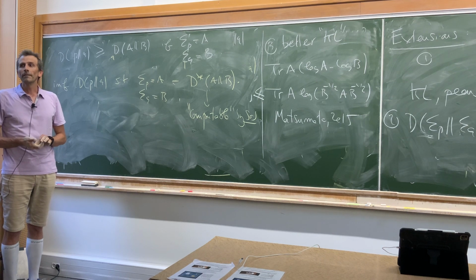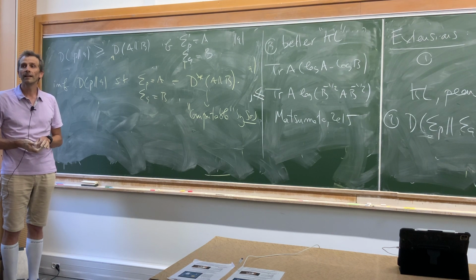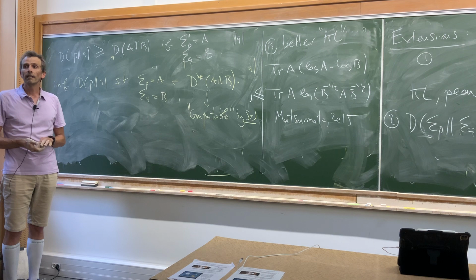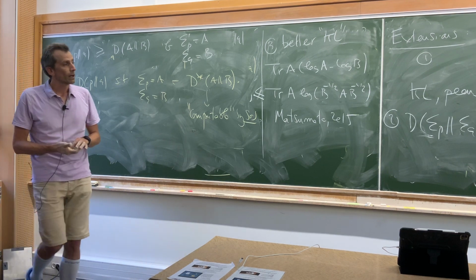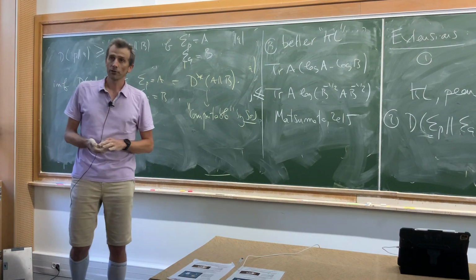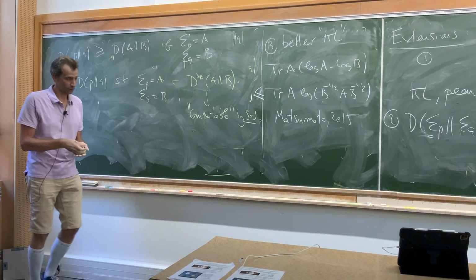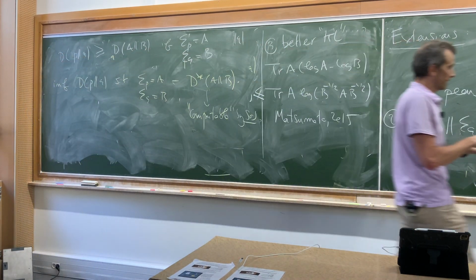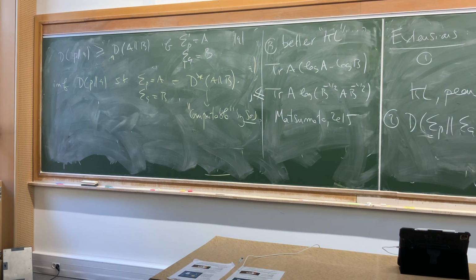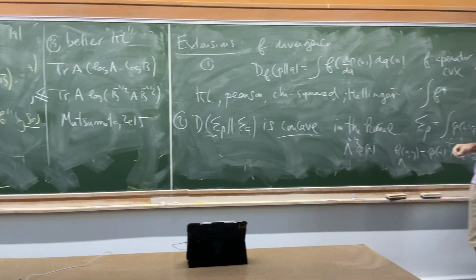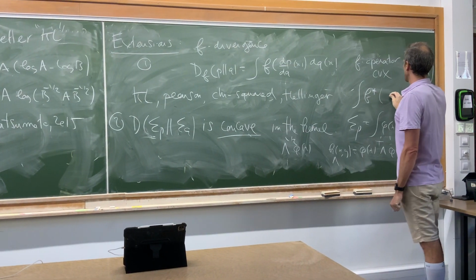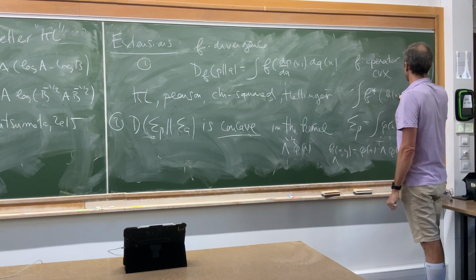Yeah. You wrote on the board this identity between the tail divergence and the log sum exp. What if you replace it by a general F divergence? That's a very good question. What you would obtain is the integral of f star, the conjugate of your f, of h of x, dq of x.